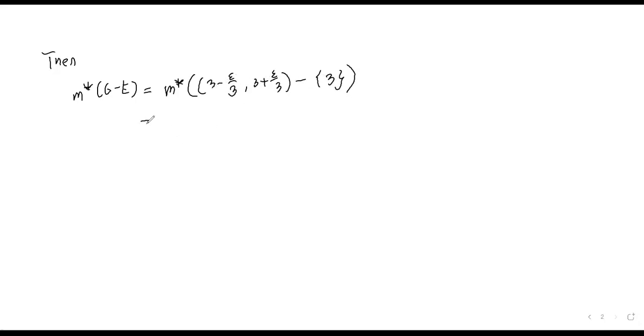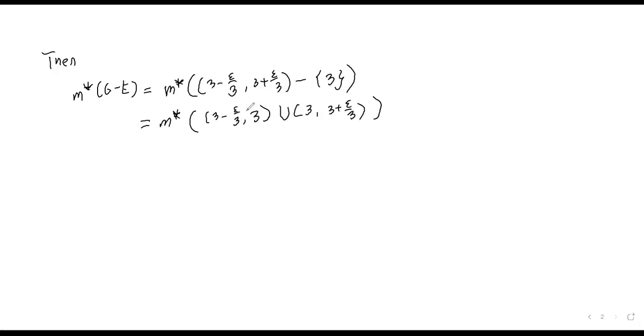Okay? So, meaning, this is now equal to outer measure of (3 minus epsilon over 3, 3) and then we have an open interval. Ipag-union na lang natin (3, 3 plus epsilon over 3). Kasi ang goal natin dapat ang matanggal lang yung 3.